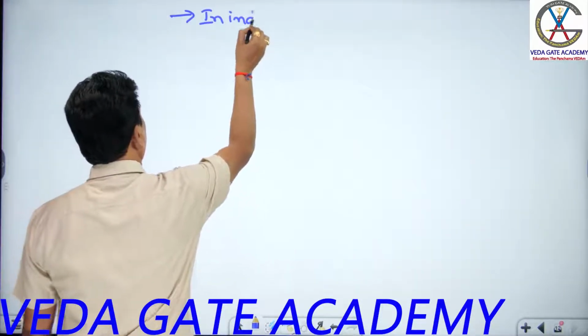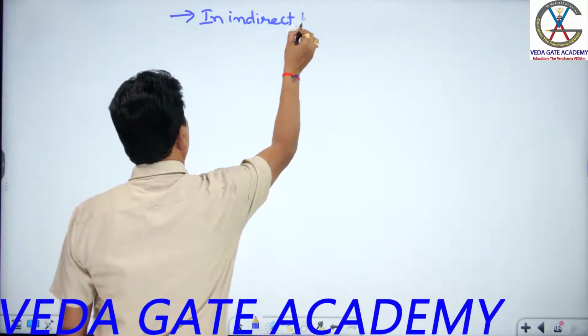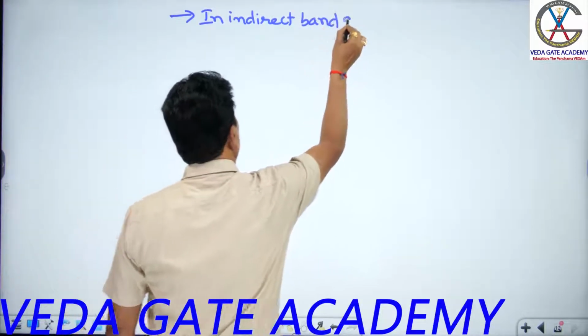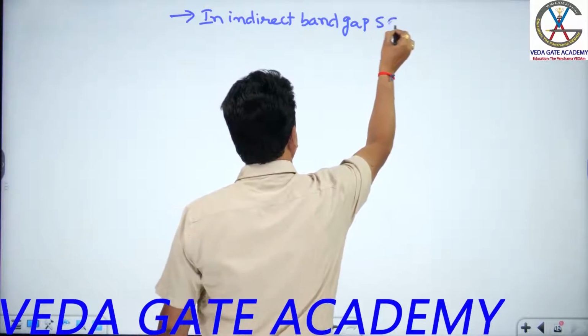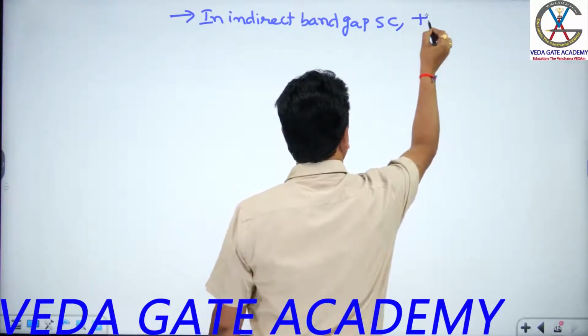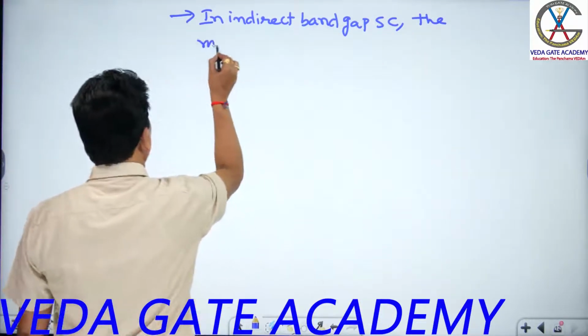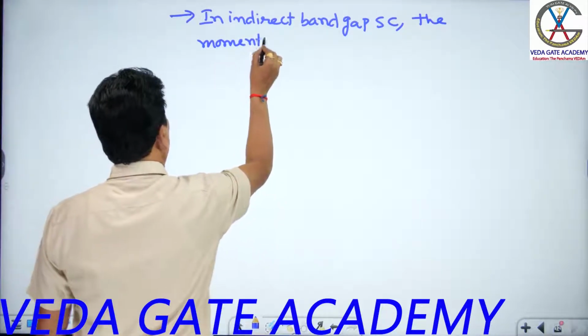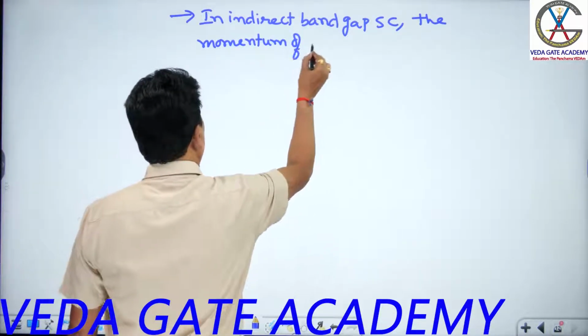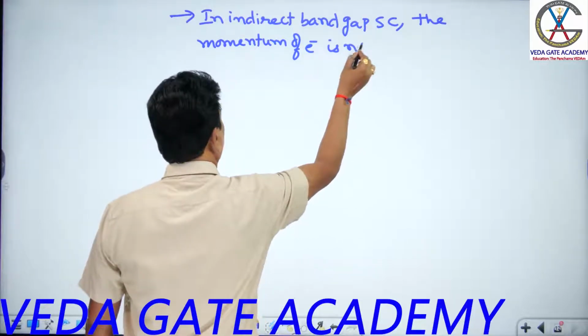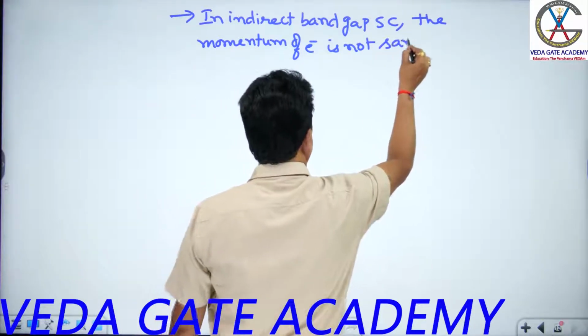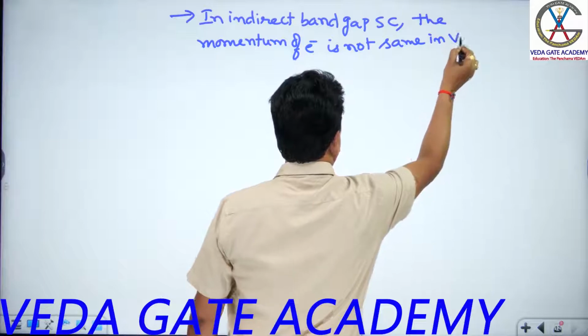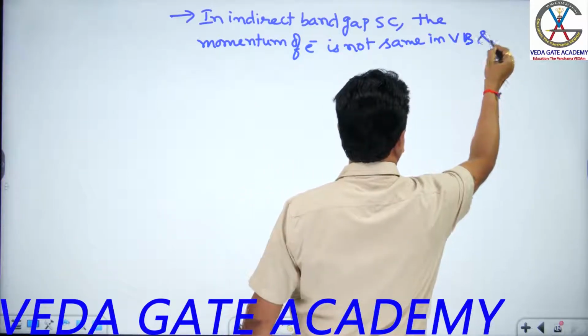In an indirect band gap semiconductor, students, the momentum of the electron is not the same in the valence band and conduction band.